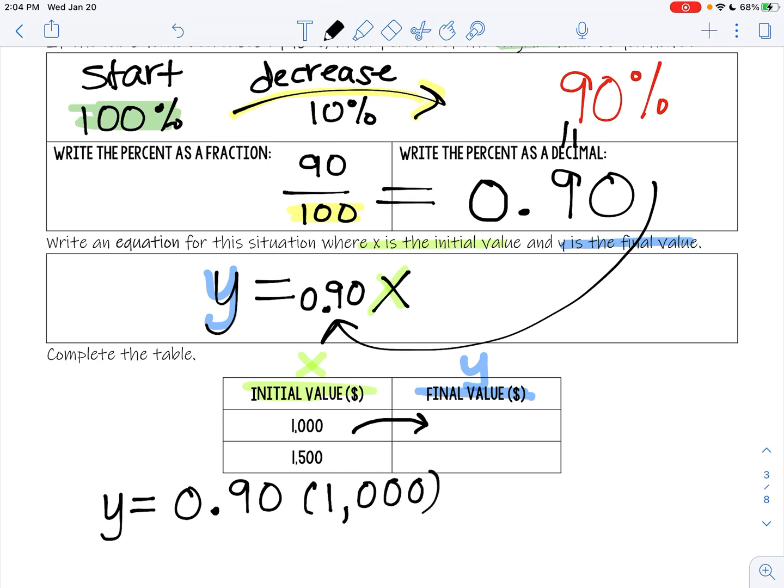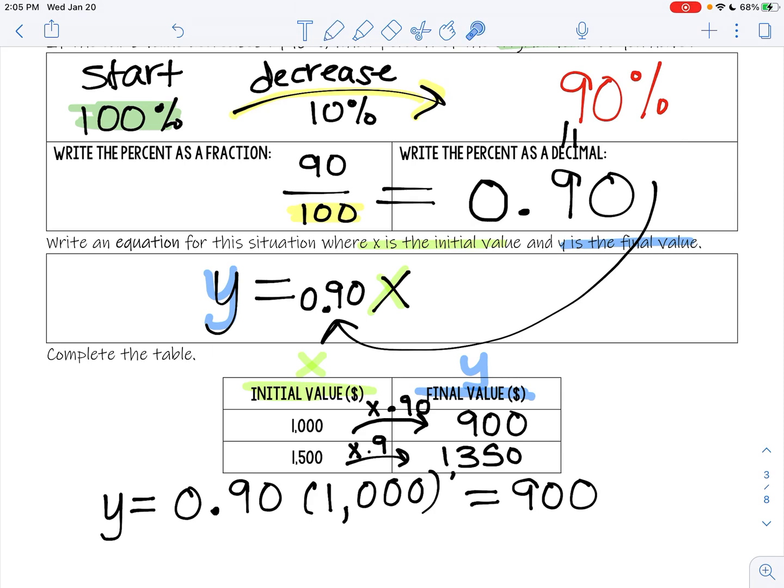So I could do 0.9 times 1,000 and see that that's 900. Same thing over here: we can multiply 1,500 times 0.9, which is 1,350. And of course you can use a calculator.